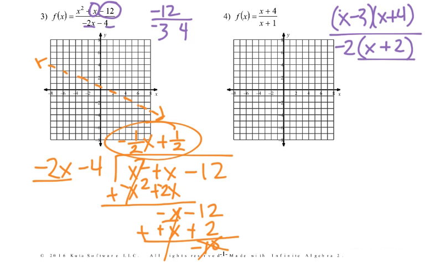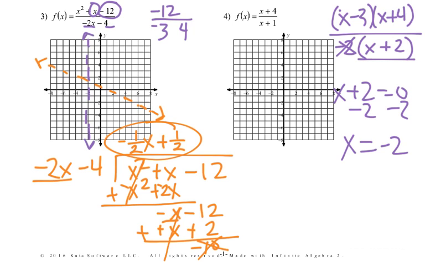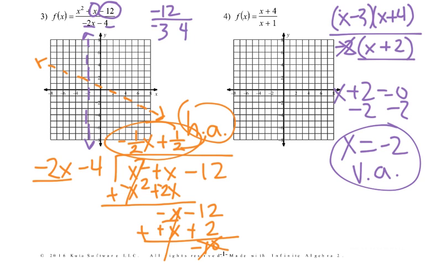So I take the bottom, x plus 2, equals 0. This will give me my vertical asymptote, negative 2. So vertical asymptote right there, slant asymptote right there. Did anything cancel? No, so no holes. Sometimes you have them, sometimes you don't.